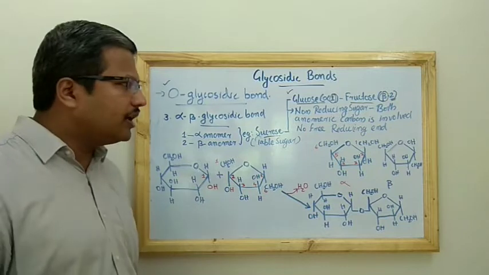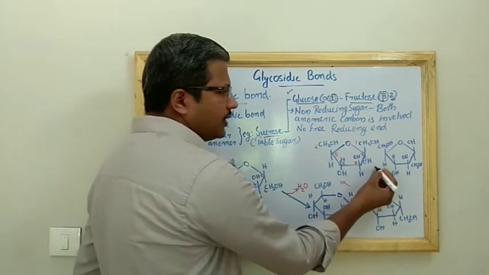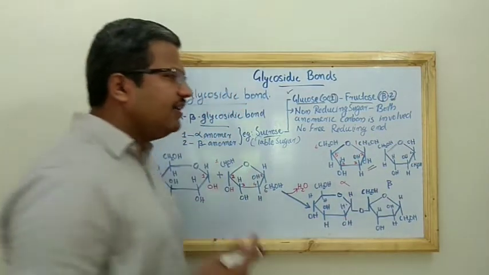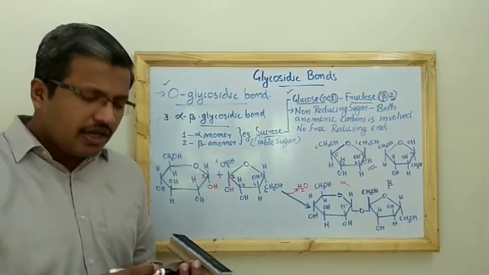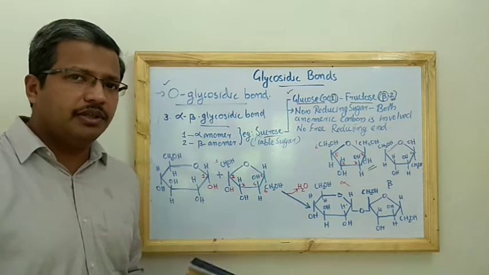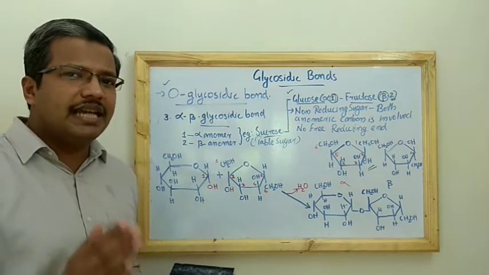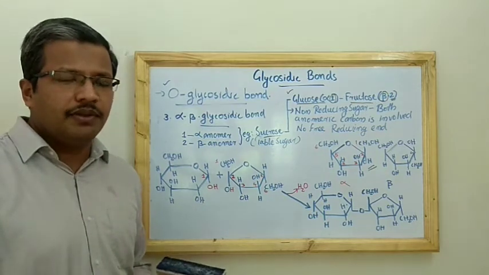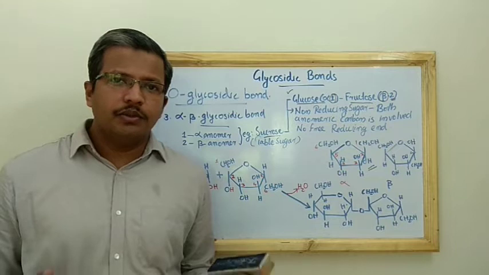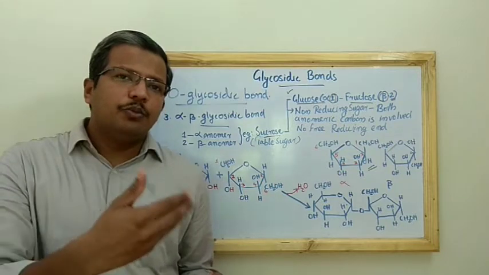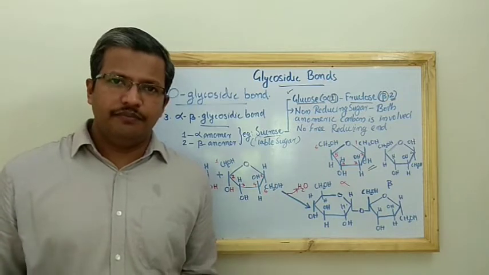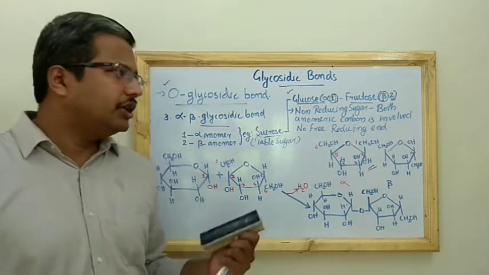If the anomeric carbon, that means this particular carbon or this one, is free, it will be a reducing sugar. Why only that particular thing? Because that is actually the reducing end. So reducing sugars are nothing but the sugars whose anomeric carbon is not involved in bonding, it is free. That is what is actually meant by a reducing sugar.